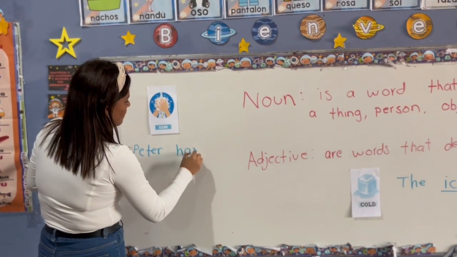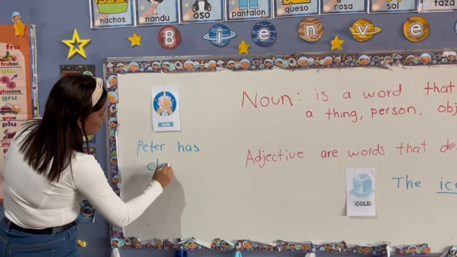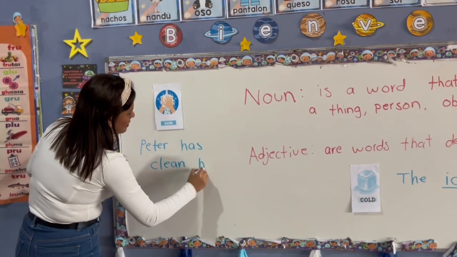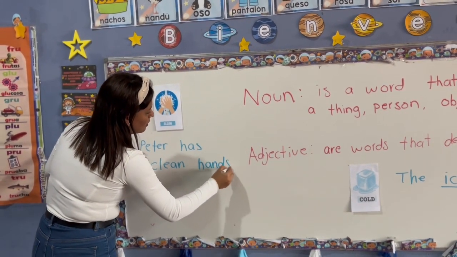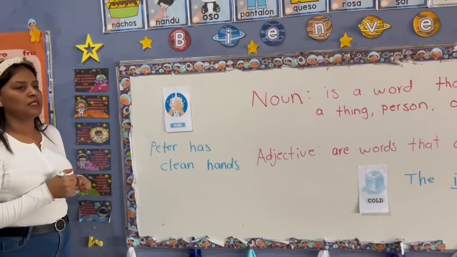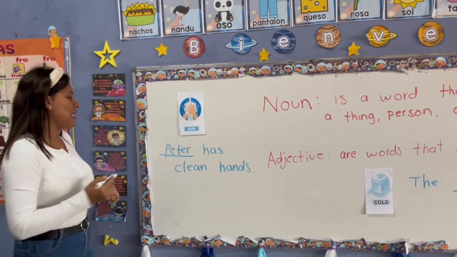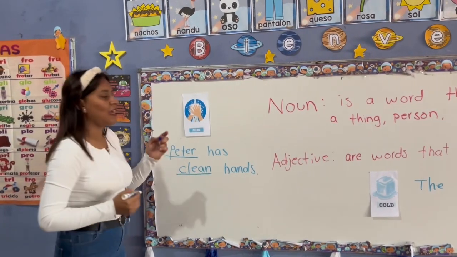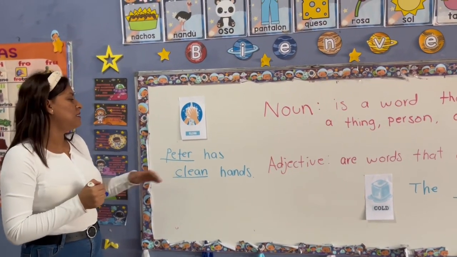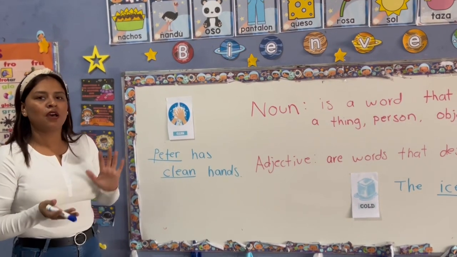Peter has clean hands. Let's check out this sentence. Peter would be the noun and clean would be the adjective because this is describing how his hands are.